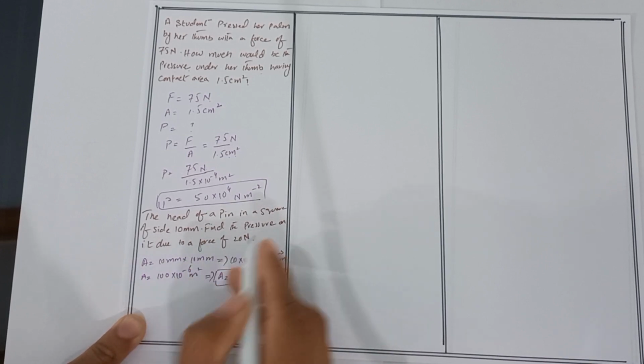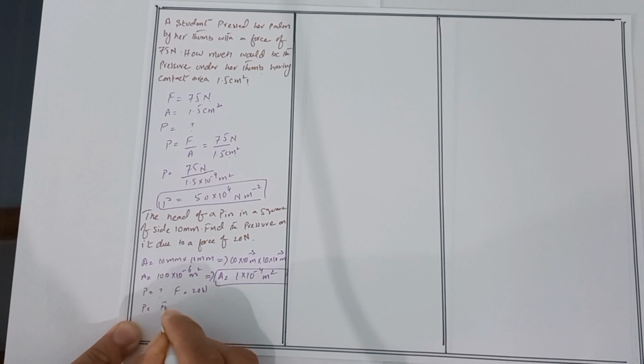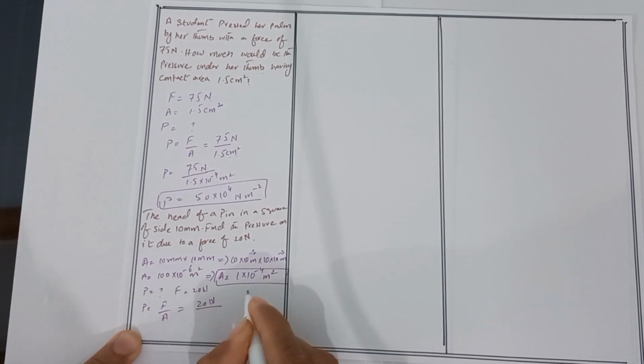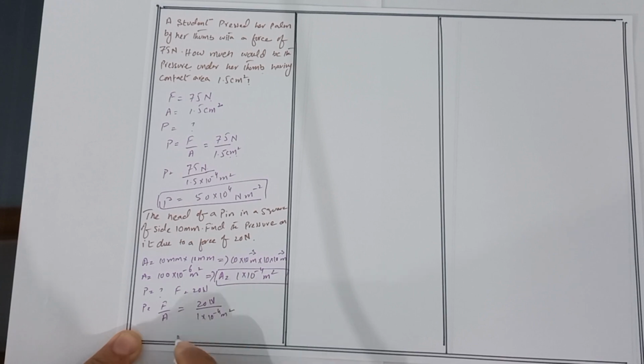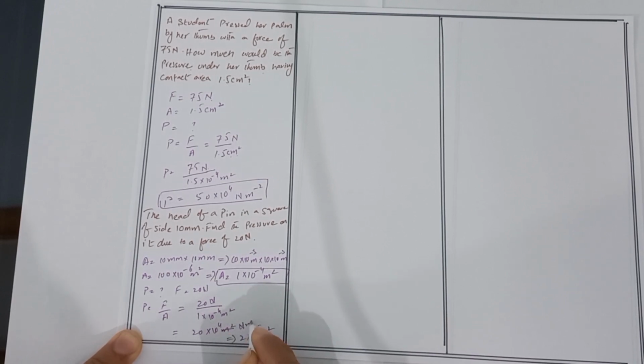Now find the pressure. Force is given 20 Newton. Now we know the formula of the pressure is force per unit area. So force is 20 Newton. Area is 1 × 10^-4 meter square. So it becomes 20 × 10^4, which can be written as 2 × 10^5 Newton per meter square. This is also Newton per meter square.